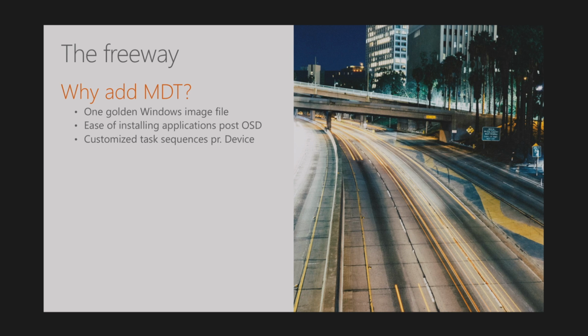A different thing is that you can create a custom task sequence for each device, not only the device type. Let's say you have a Surface 3, you in fact have a Surface Book, but let's say it's the 3. By identifying the serial number located beneath the kickstand on the Surface 3s, you can add these to MDT and create a custom task sequence attached to that very device.